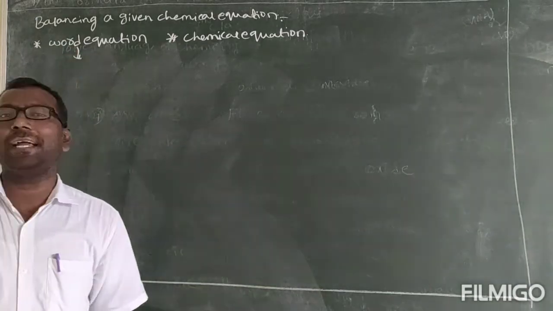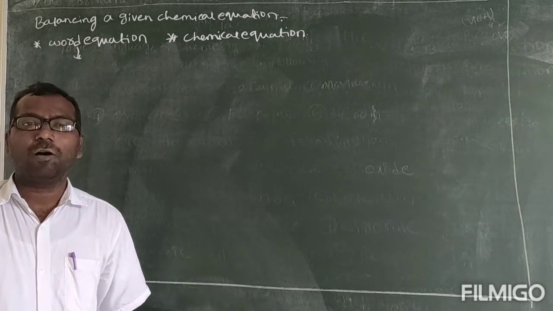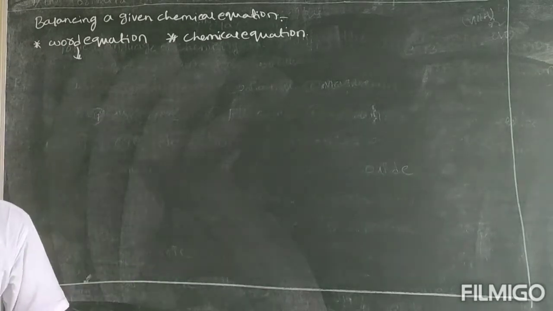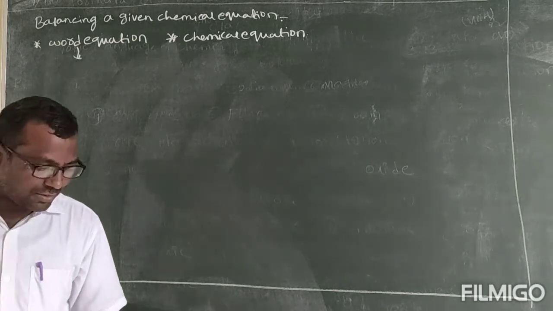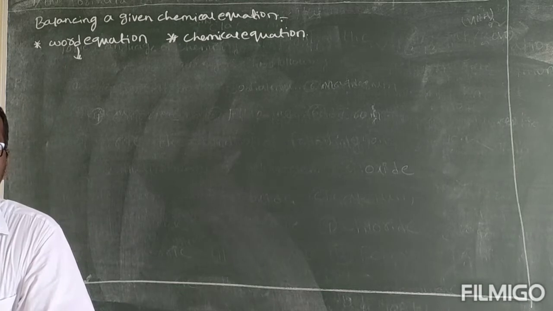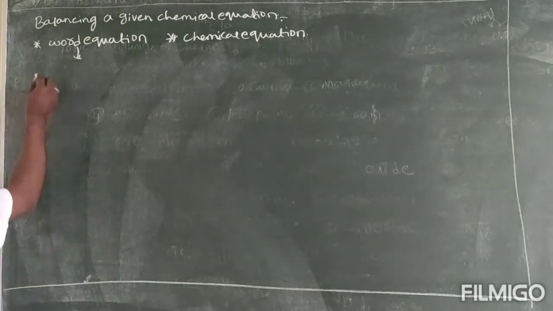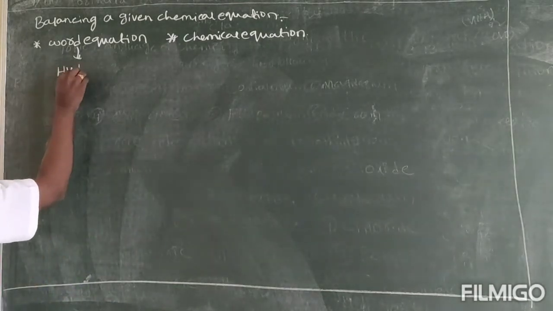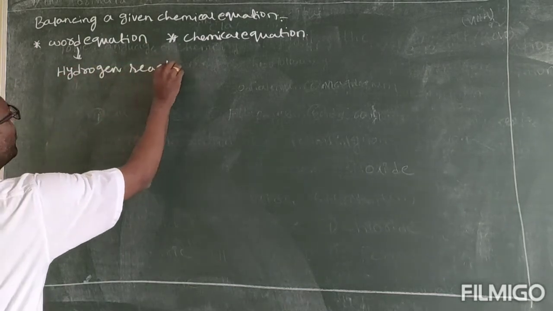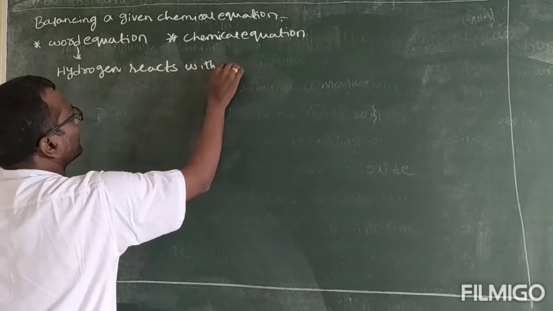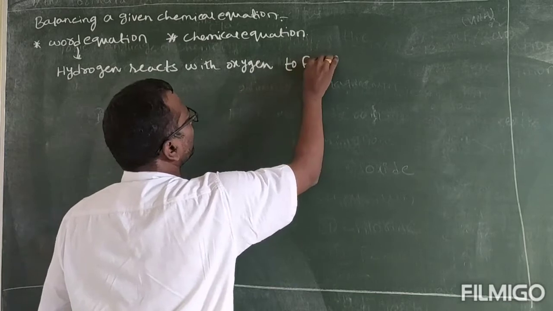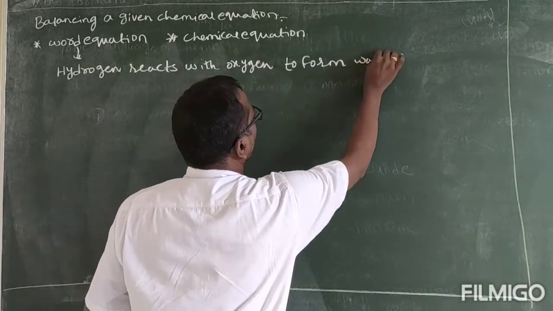Suppose I am saying hydrogen reacts with oxygen to give water. Okay? So representing this chemical reaction in words is called as word equation. So hydrogen reacts with oxygen to form water.